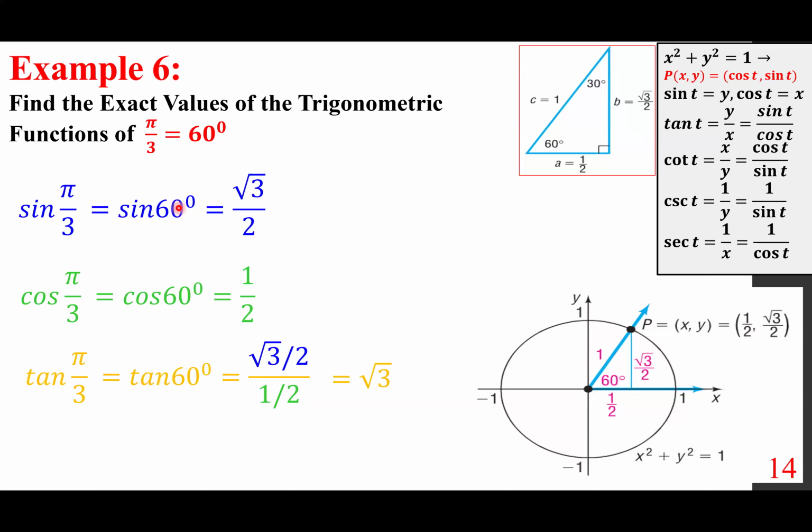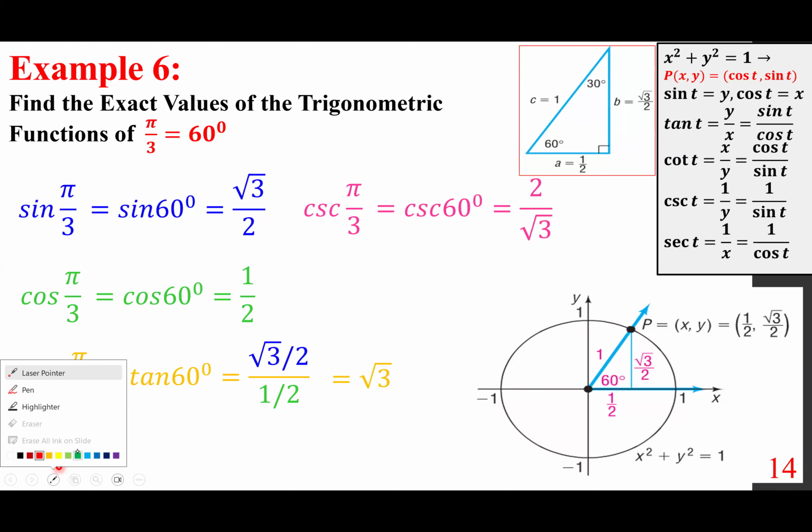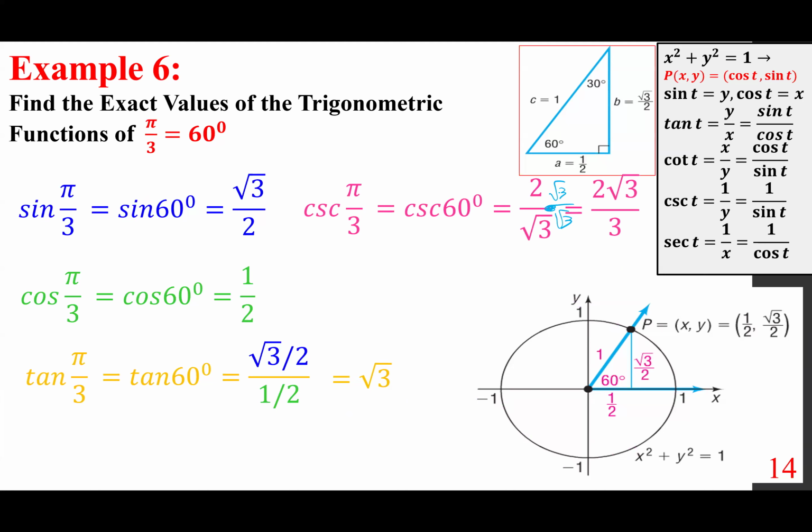So I want cosecant, which is 1 over sine. So the reciprocal of this, 2 over square root of 3. I get 2 square root of 3 over 3. Okay. Again, as long as we have the sine, we can find cosecant. As long as we have cosine, we can have secant.